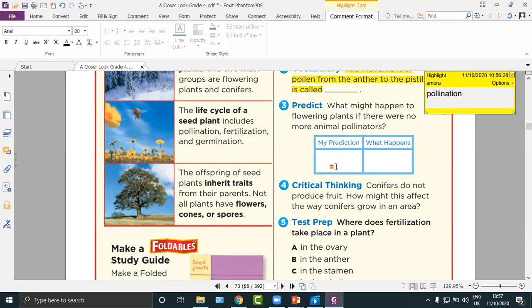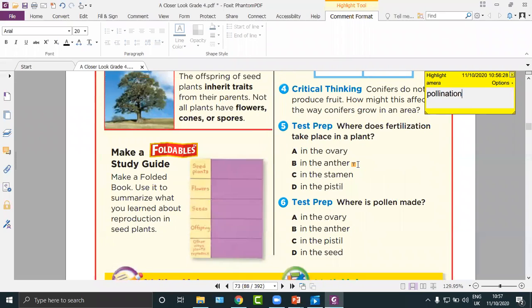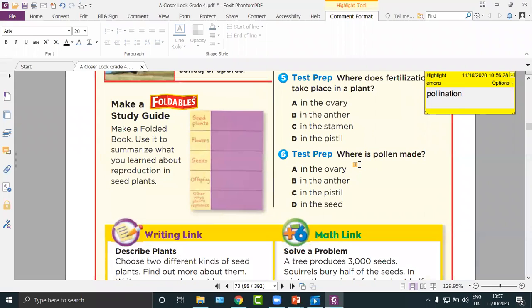Here, some flowering plants would disappear. Plants that depend solely on animals for pollination could not reproduce. I'm going to write everything in that tiny box.